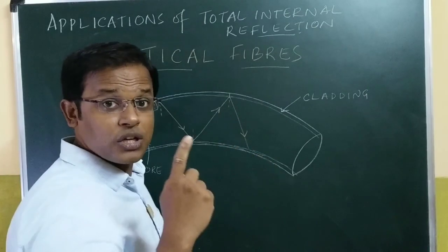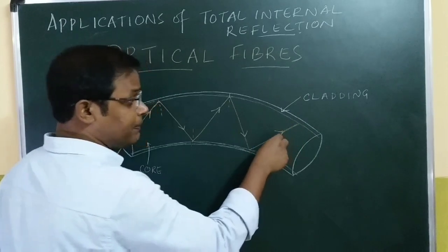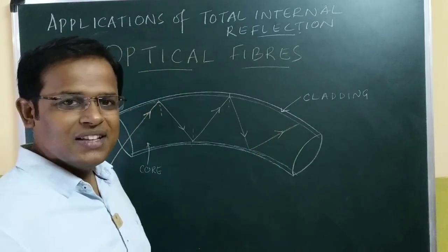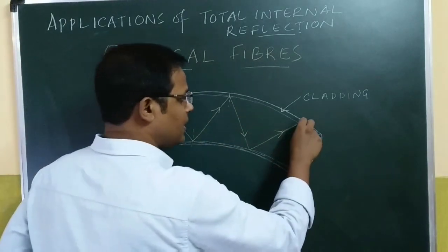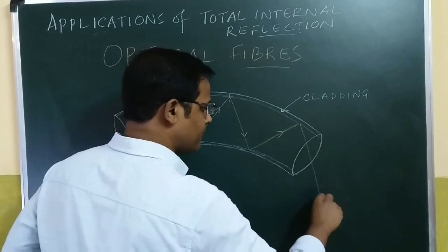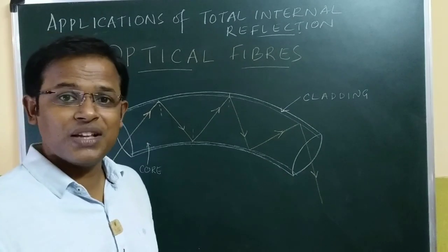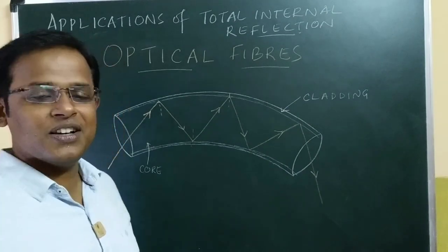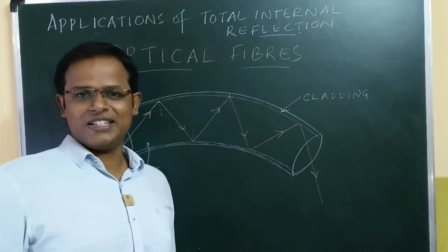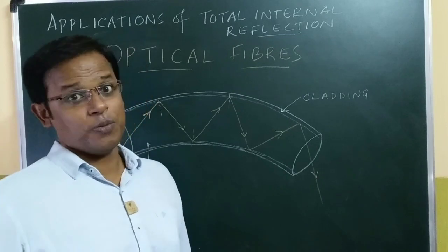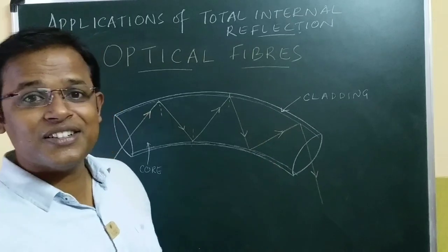This is what we call total internal reflection. There is no loss of intensity, and even if the pipe is bent, there is no harm. The entire signal can be easily transmitted throughout the length of the pipe, and hence the signal comes out of the other end, irrespective of the length. So without much loss in the intensity, a signal can be easily transmitted. This is how an optical fiber actually works on the phenomenon of total internal reflection.